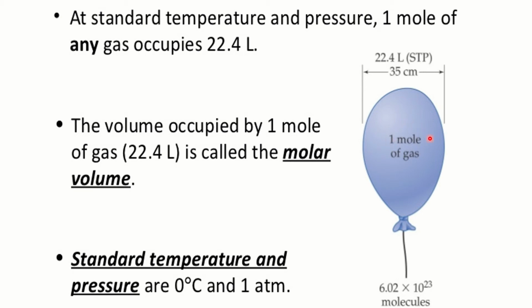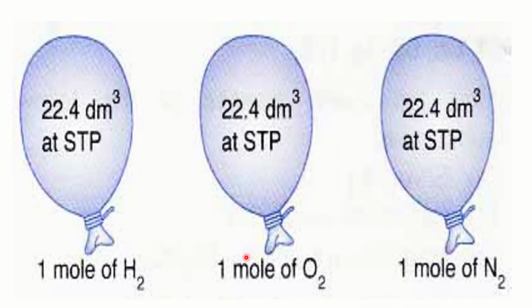That means 1 mole of any gas occupies 22.4 liter, because it is at standard condition. The volume occupied by 1 mole of a gas is called its molar volume. And standard temperature and pressure is 0 degree Celsius temperature and 1 atmospheric pressure.